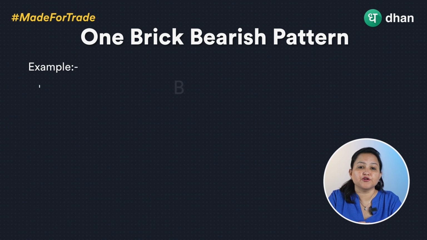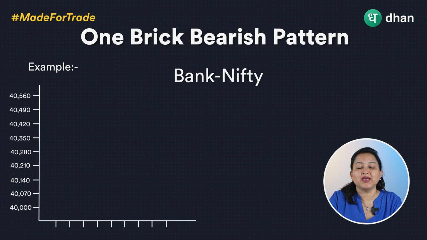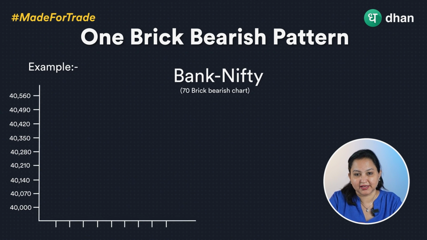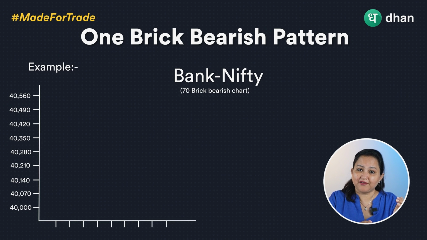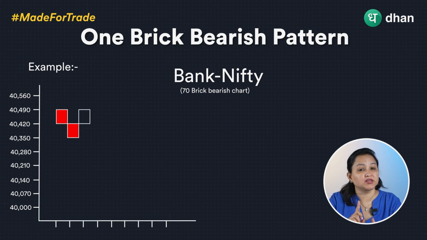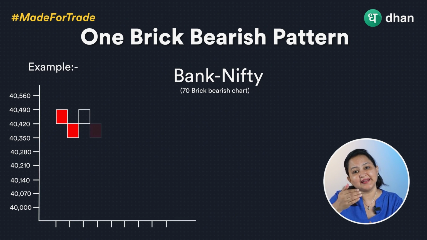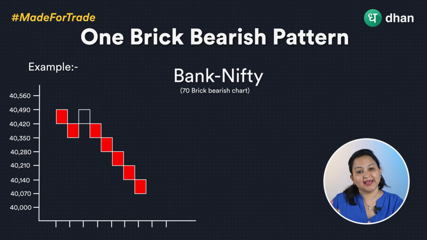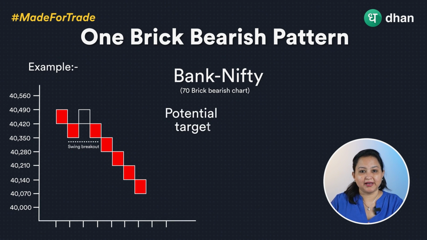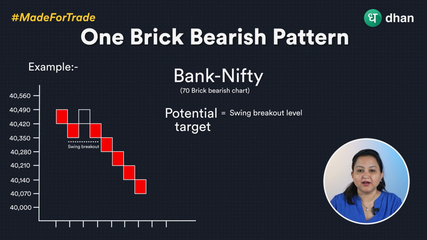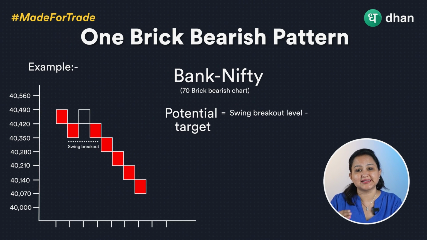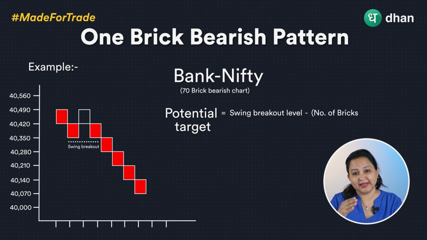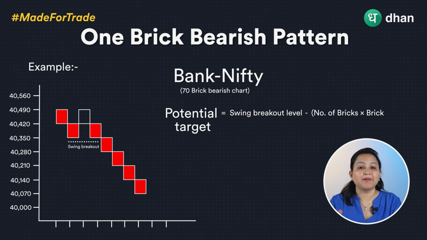The next example is of Bank Nifty, where we have a 70 brick chart. We have a bearish swing, a pullback with just one bullish brick, and then continuation of the trend in the downward direction. Again we know the swing breakdown level, so we make a note of that. We find the number of bricks in the bearish swing, multiplied by the box size.